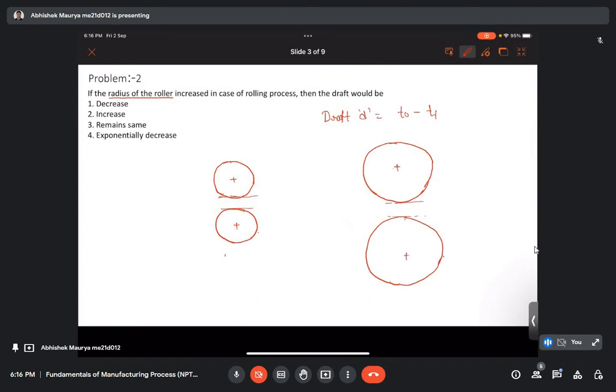So here the roll gap is the same in both cases, which is TF. With small diameter, small radius, and rollers with large radius.